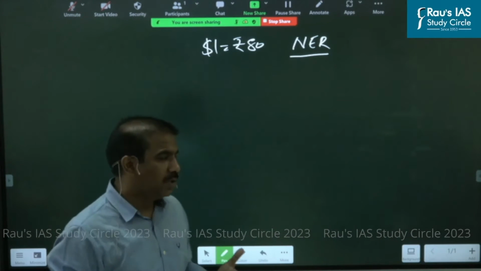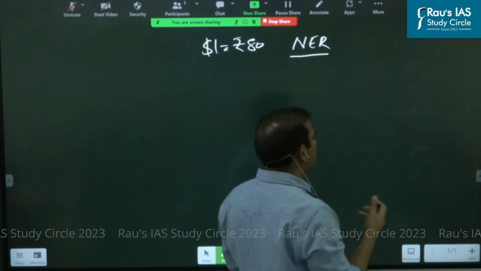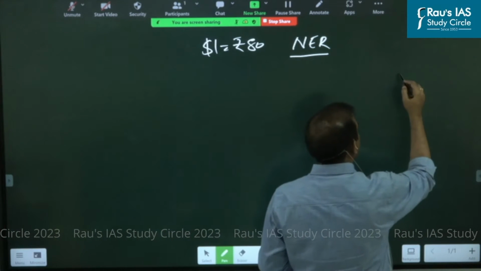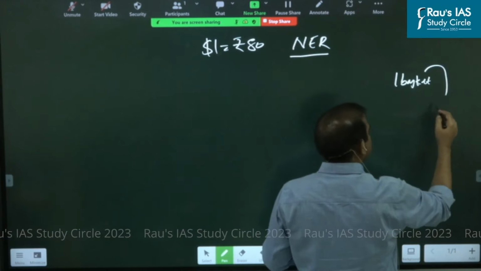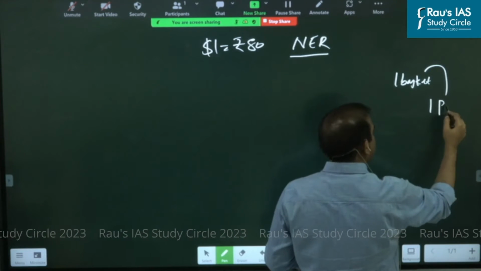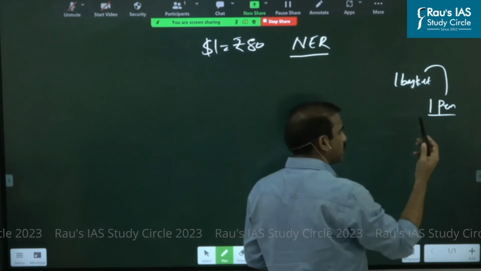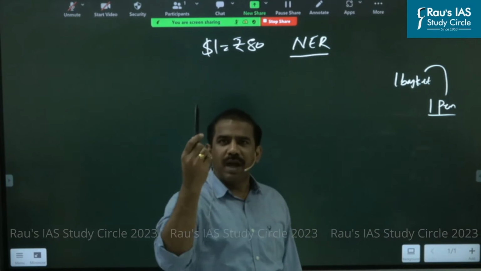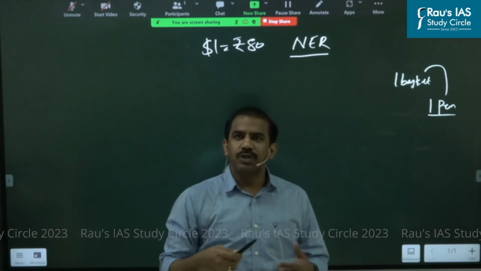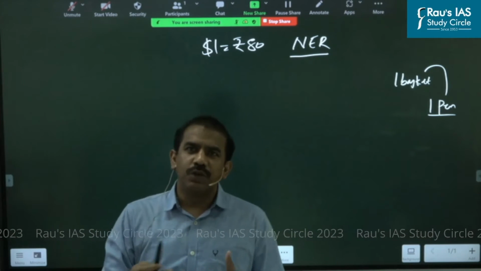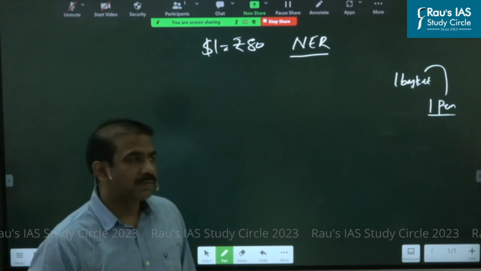But to keep our conversation simple, I would consider a basket to be nothing but a simple basket that consists of the pen I'm using. If I keep using the words basket or pen, don't get confused. You could simply interchange them.